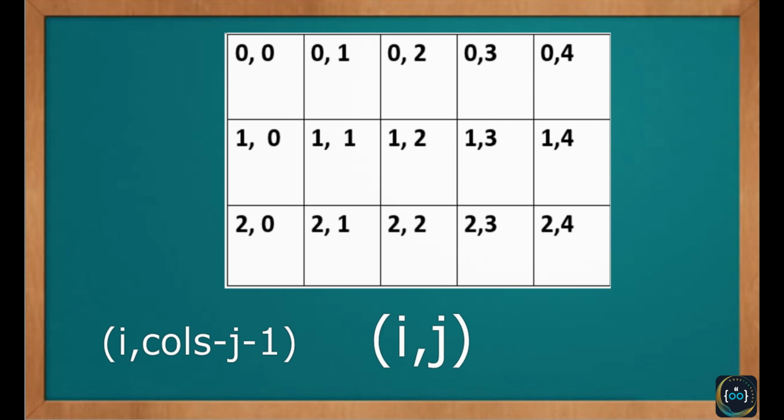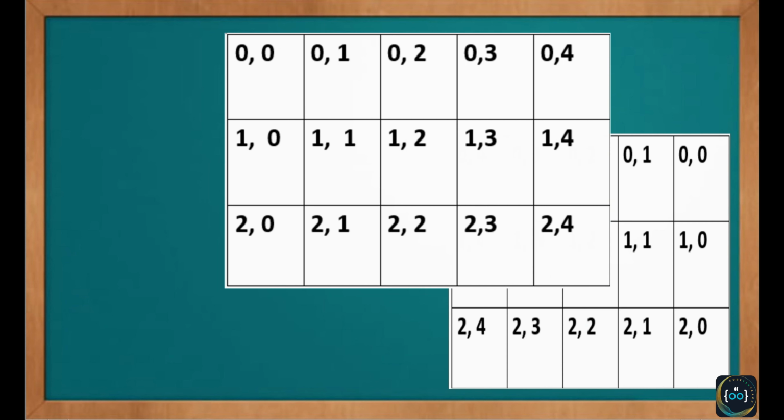If we apply this formula to this image matrix, we get this. This is the new transformed image matrix. You can see that the left column has moved to the right and the right has moved to the left. We are going to implement this formula in the coding lesson next.